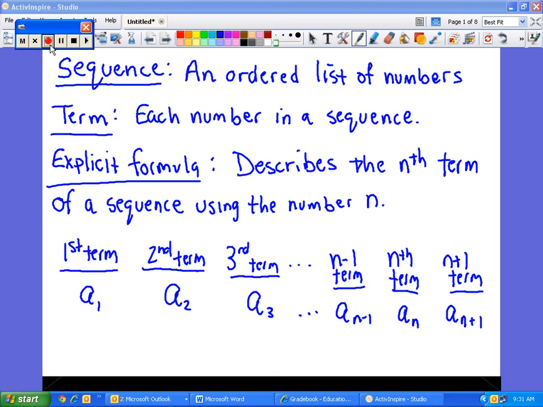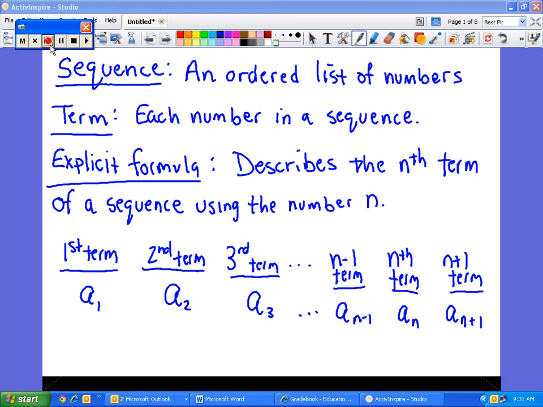And what you need to be able to do is differentiate between the term number and the value of that term. Because you can see we use numbers to indicate a term number.